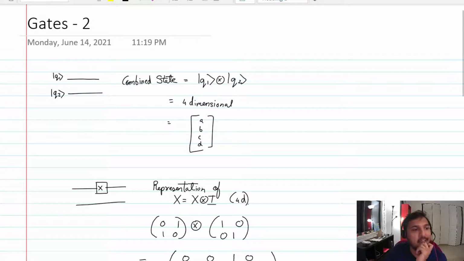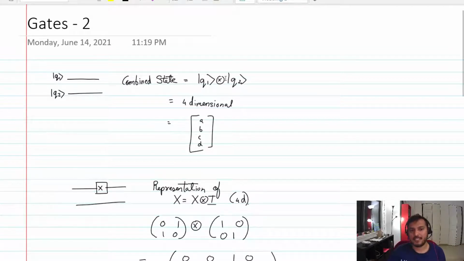Now, instead of a single qubit, let's suppose we have two qubits. Here you can see I have qubit 1 and qubit 2. Now the combined state is basically an outer product of both of them. Since there are four possible states, because this one can have 0 and 1, and even this one can have 0 and 1, the combined state is a four-dimensional object.